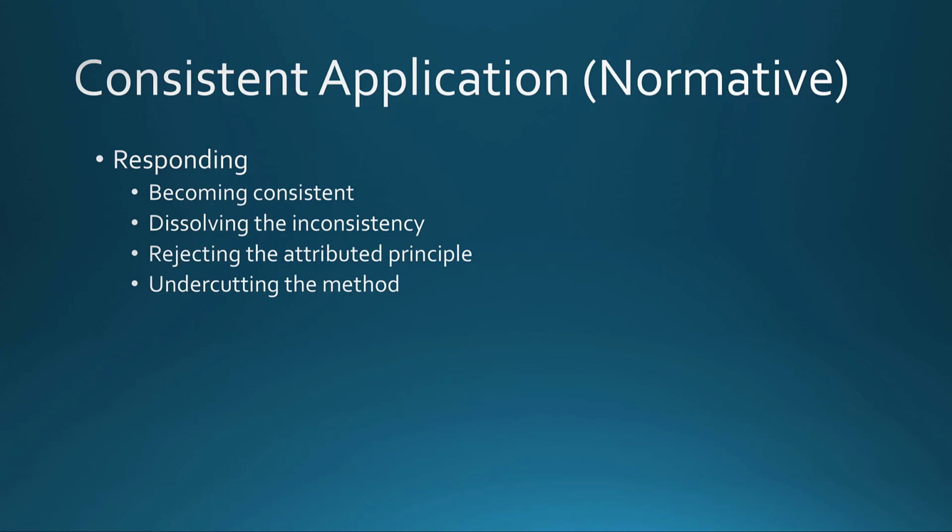For example, to illustrate the way this is done, you try to show that the inconsistency that you're accused of, or if someone else is accused of it, they would attempt to show that their alleged inconsistency is not really an inconsistency. And the way to do this, typically, is to show that there is a relevant difference that makes the situations different enough so that the application of the principle in a different way is justified.